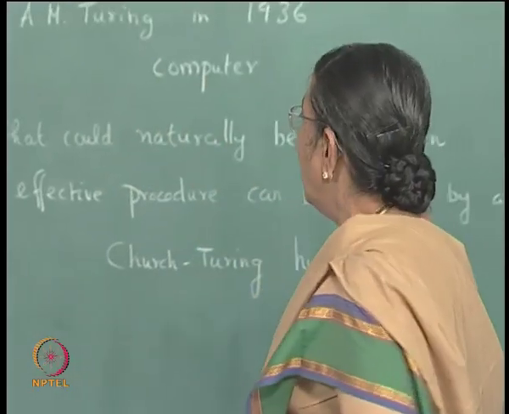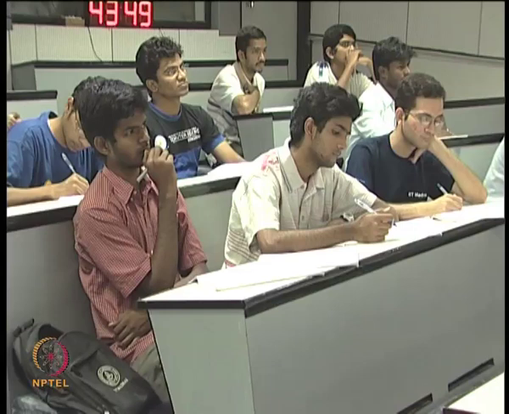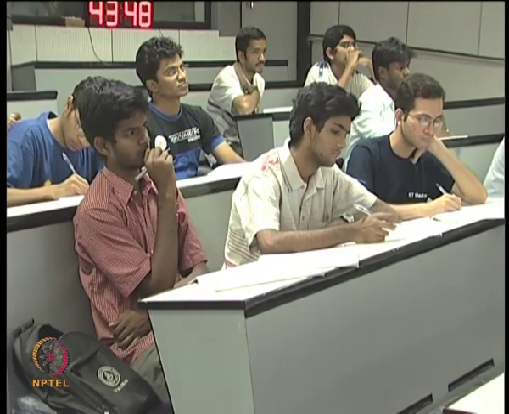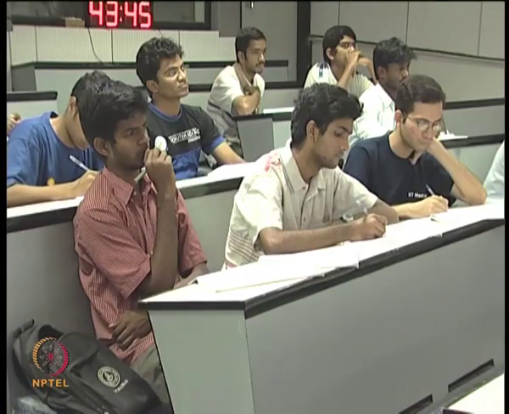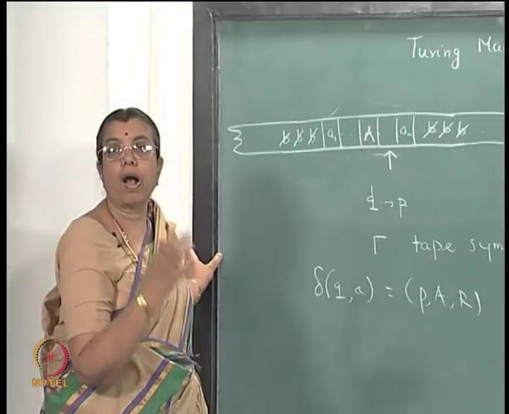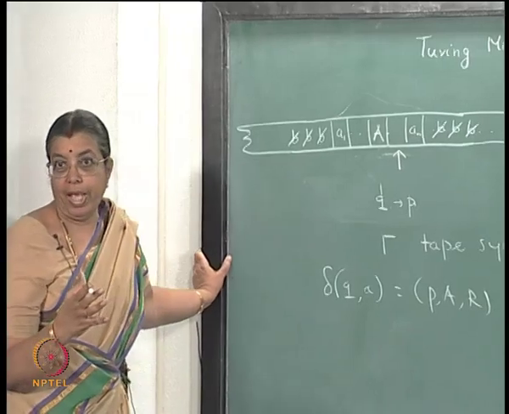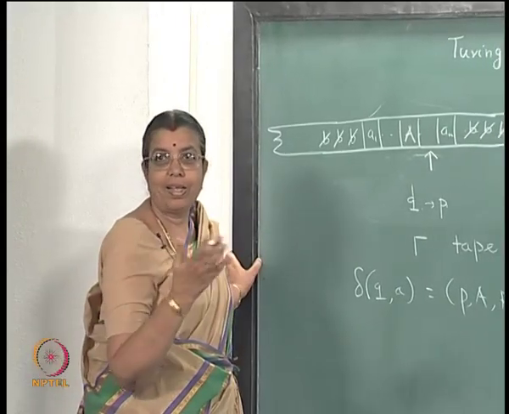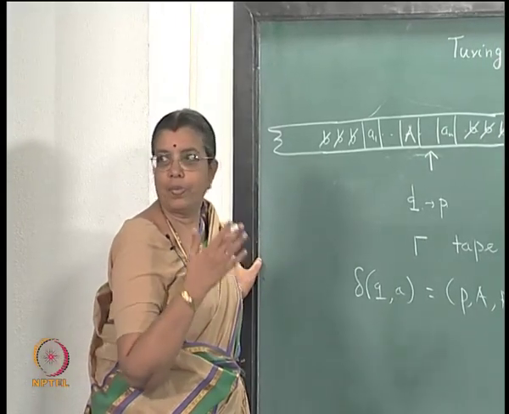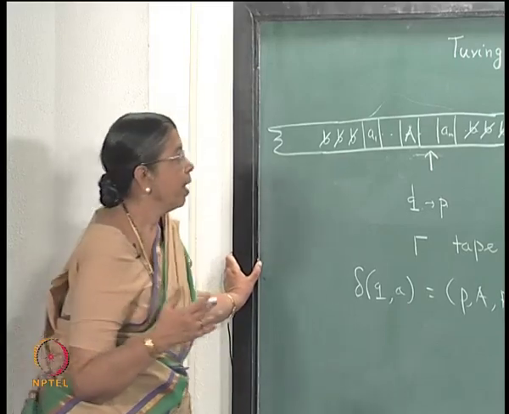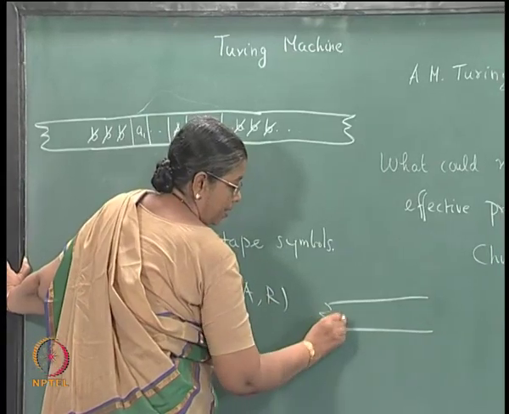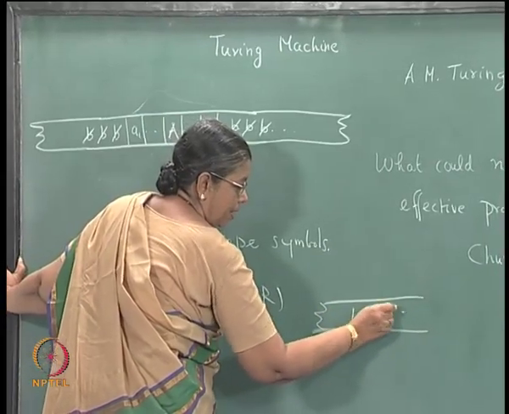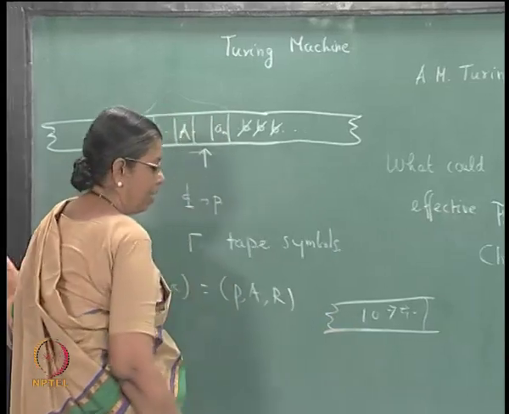Okay. So, you can look at it as an input output device. What is given initially is the input, the non-blank portion, and when you halt, what is left is the output. If it is not going to halt, it is going on forever in a loop. Now, initially you may have some number, and ultimately you may end up with another number.